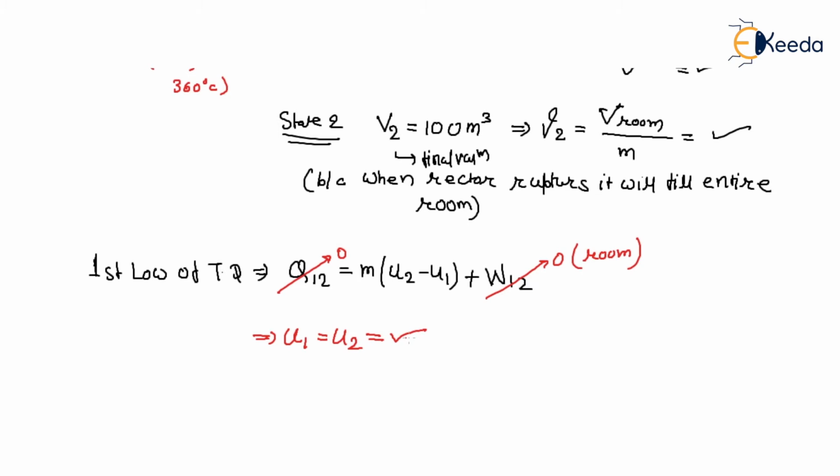Why? Because you have u1, and you have v2. So from the water table, you can easily find out the final pressure.